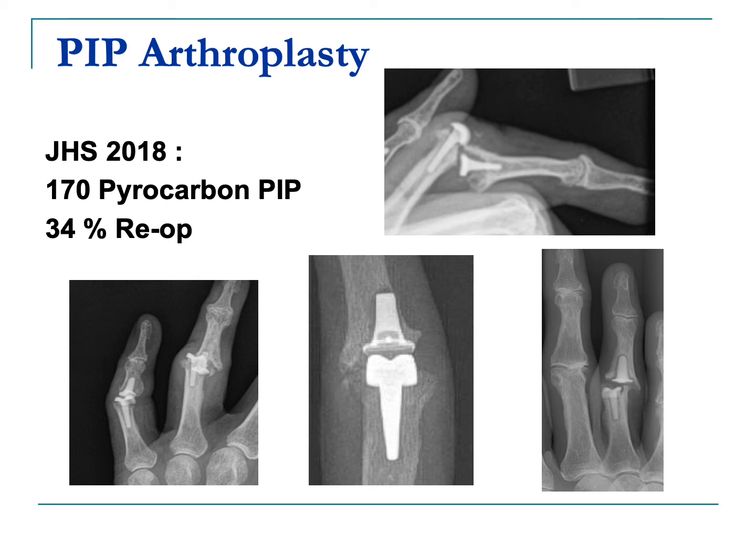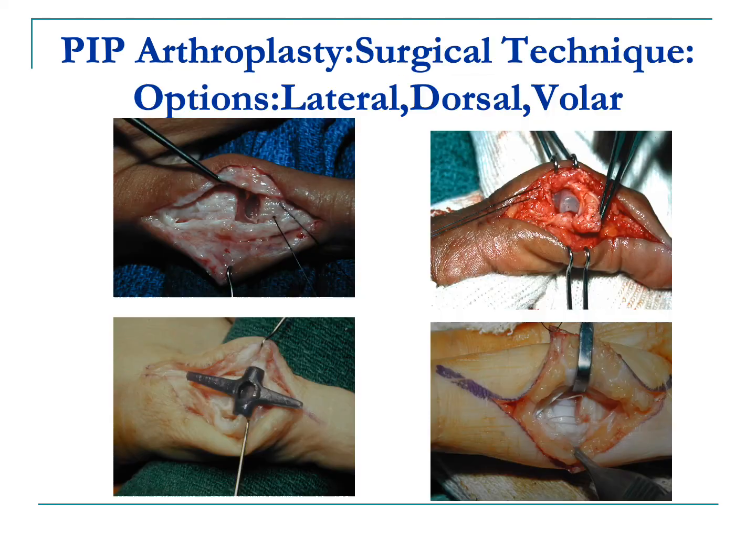In an article not too long ago in the Journal of Hand Surgery, it was found that patients who had implant arthroplasty utilizing a pyrocarbon implant into the PIP joint had a 34-degree reoperation rate, a level which to me seems very, very unacceptable.